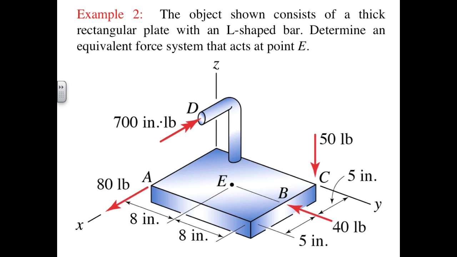In this case, we have a 40-pound force whose line of action goes through E and therefore contributes no moment. An 80-pound force aligned with the x-axis, whose moment contribution can be easily evaluated with the scalar approach, and a 50-pound force aligned with the z-axis that is a candidate for either the scalar approach or the vector approach. I'll use the vector approach for the 50-pound force.